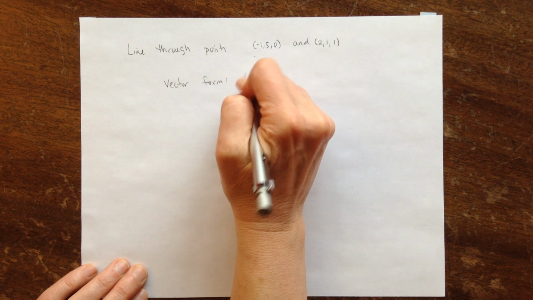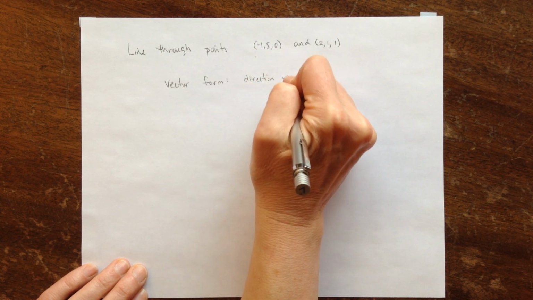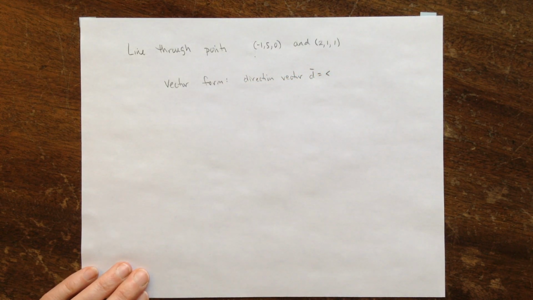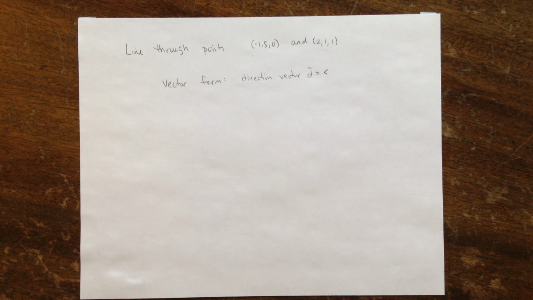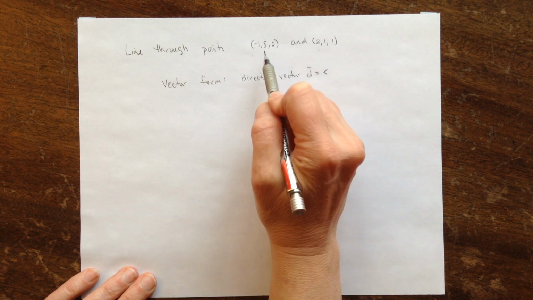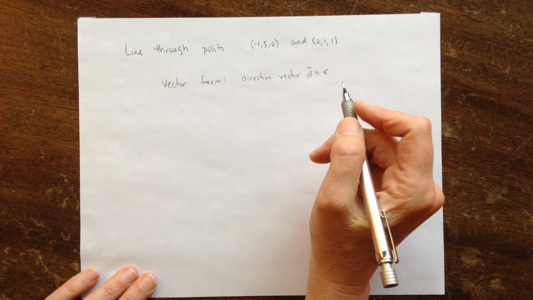So I'm going to need a direction vector, which I'm going to call D. So your direction vector, just like we just did in 2 dimensions, is going to be a vector that goes either from this point to this point, or from this point to this point, or a constant multiple of that. And those would be constant multiples of each other.